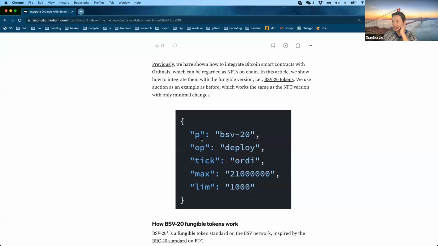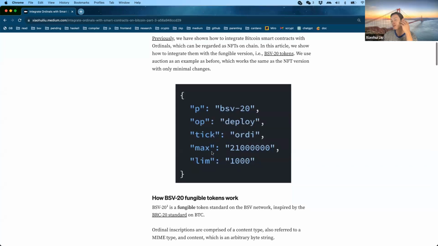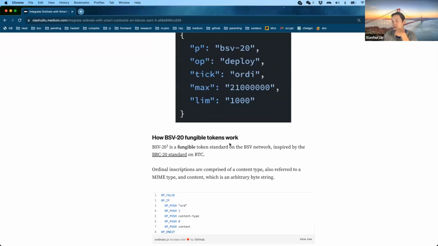The P stands for the protocol name, BSV20. You have the operation, and when you first call it, you have deploy, and you have a ticker symbol, the max supply, and the limit.